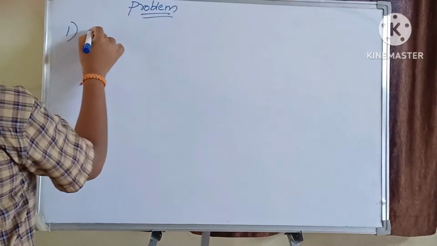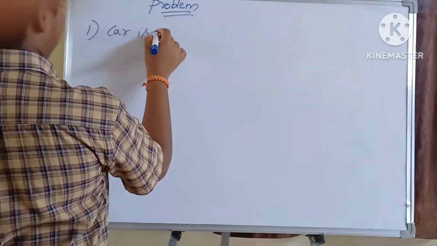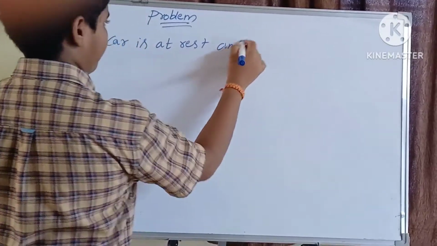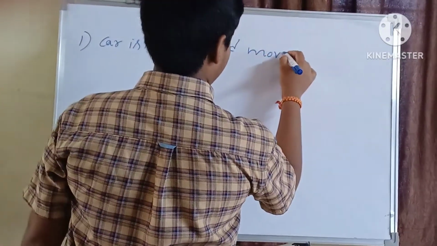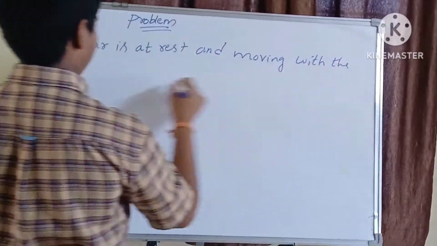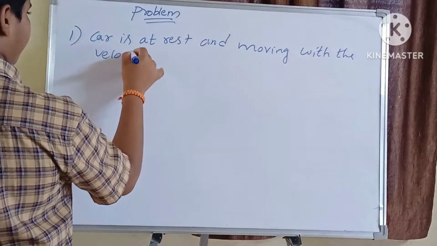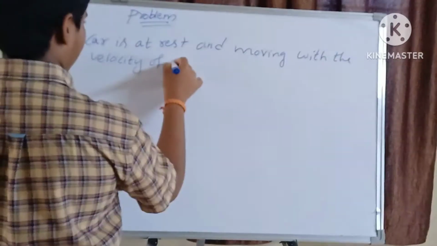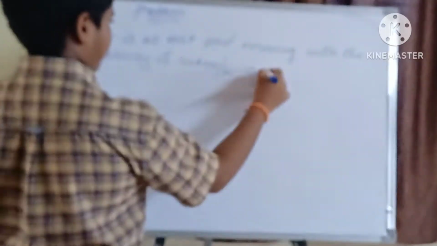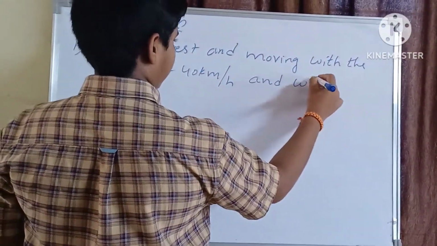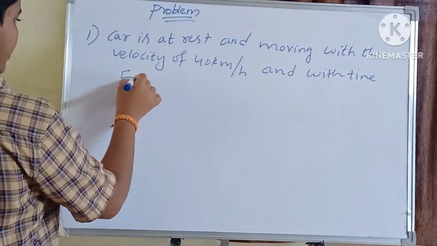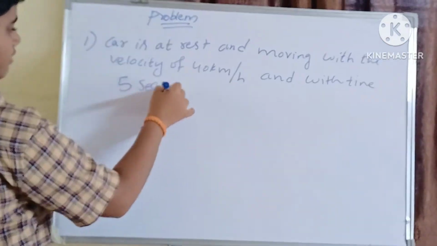In this, the first one is: a car is at rest and moving with the velocity of 40 km/h with time 5 seconds.